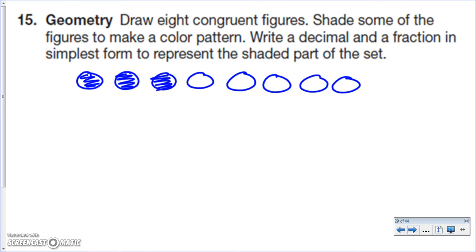So now we need to write the decimal and the fraction in simplest form to represent the shaded part of a set. So we're going to write 3/8 as the fraction. Then we're going to change that into a decimal. And again, this is when we have to do the division method.